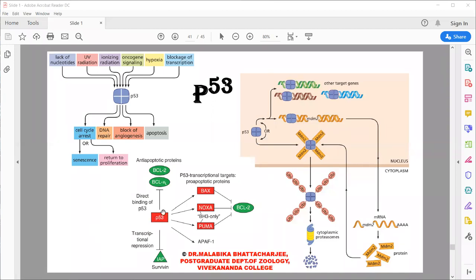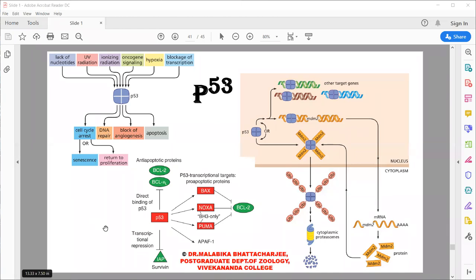Now, look in this picture, it can target BAX, it can target NOXA, PUMA. These are the NOXA, PUMA, the only BH3 members, or the regulators, and BAX is a killer. Targeting any of these will, in the process, ensure apoptosis. And if you remember your previous cell cycle class, if p53 senses that the damage is not so grave, then it will target WAF gene to produce p21, causing cellular arrest.